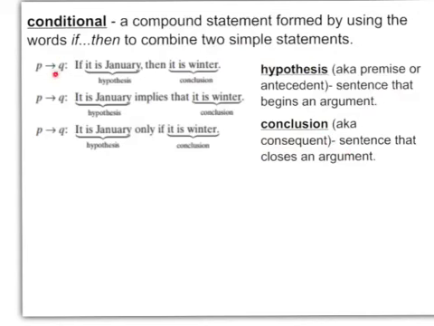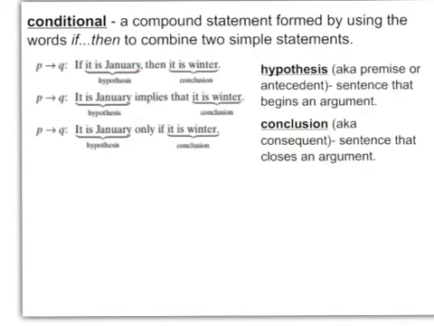So this means P implies Q. So it would be written as if it is January, and it is January is P, then it is winter, and it is winter is Q. So you have if then, it is January is the hypothesis, it is winter is the conclusion.